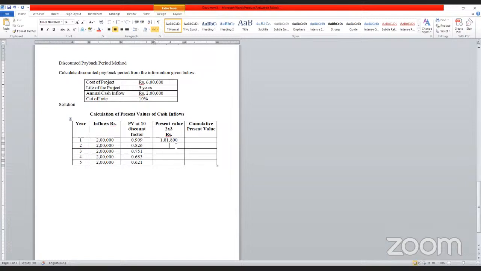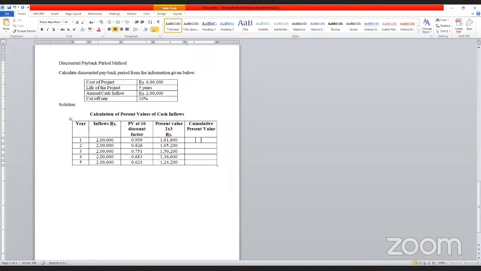Then here it is 1,65,200. Then 1,50,200. Then 1,36,600. Then 1,24,200. Now we have to take the cumulative values of present value.